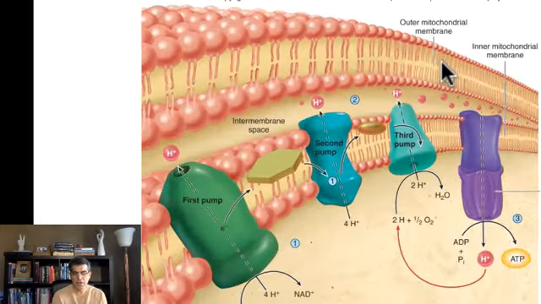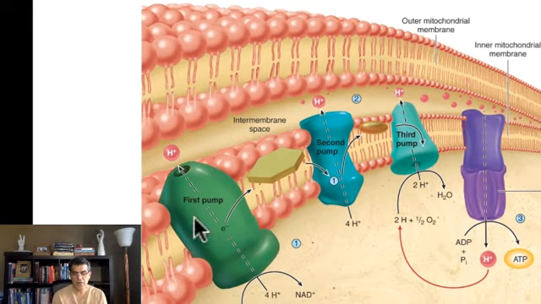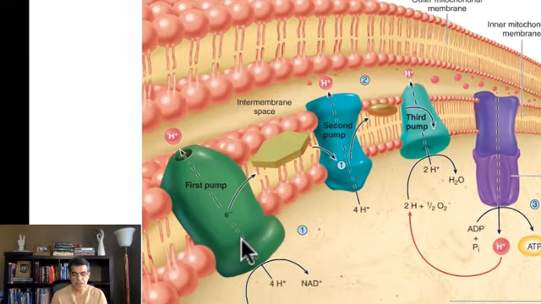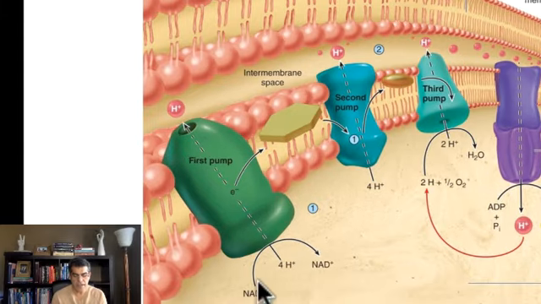As you know, mitochondria has 2 membranes, outside membrane and inside membrane. There are a bunch of molecules sitting on the inner membrane of mitochondria, and when they receive these electrons from NADH or FADH2, they're going to pass the electron from one member to another, but the hydrogen will be pumped into the space between these 2 membranes.